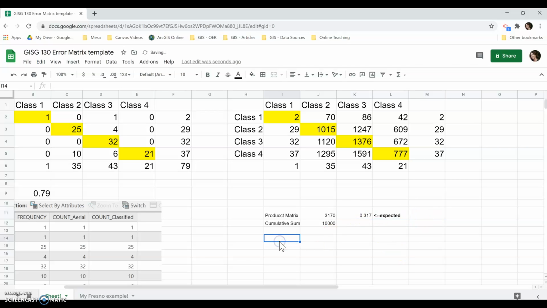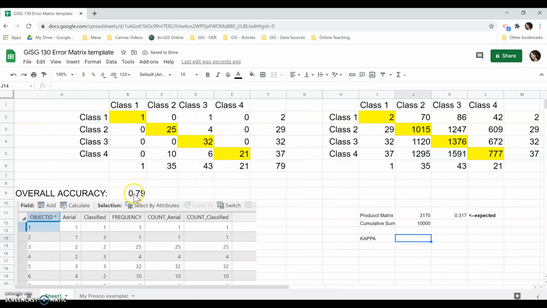Let's calculate Kappa now. So Kappa is our overall accuracy. We have to put parentheses around this.